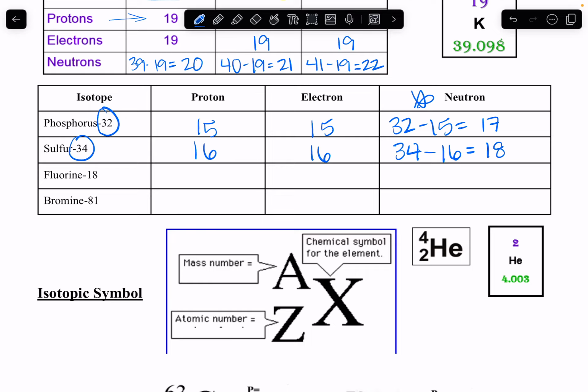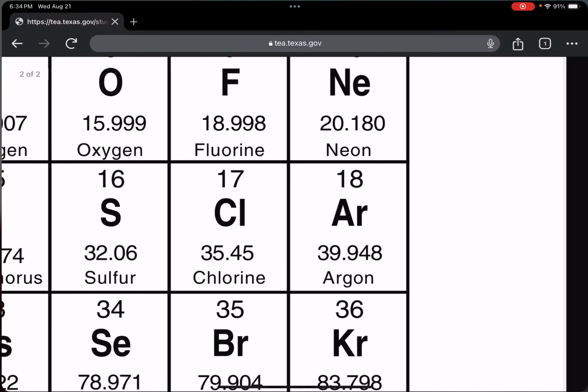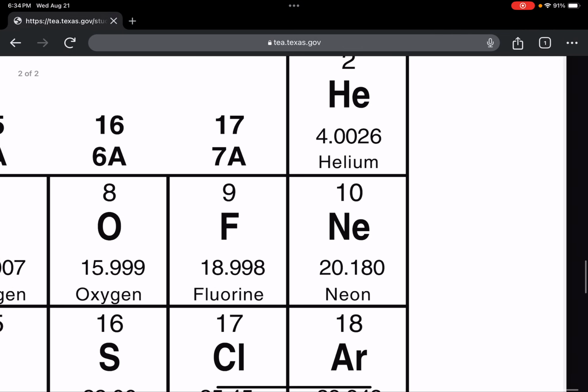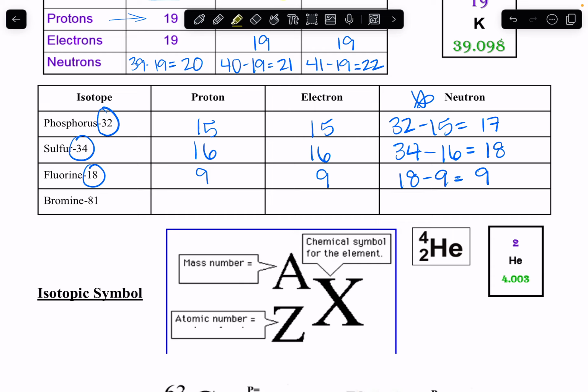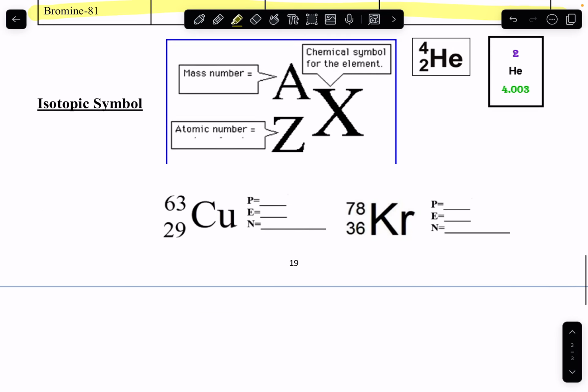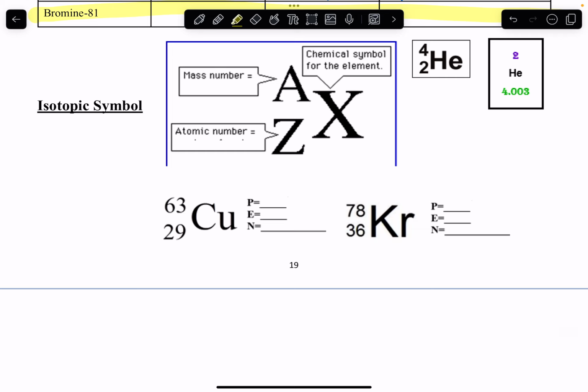All right, fluorine. Fluorine's a fun one. She's right here. Fluorine has an atomic number of 9. So 9 protons, 9 electrons. And then to find my neutrons, I use this mass number, 18 minus 9. That gives me 9 neutrons. All right, and then I want you to do bromine 81. You can go find the answer in the PowerPoint on Canvas.